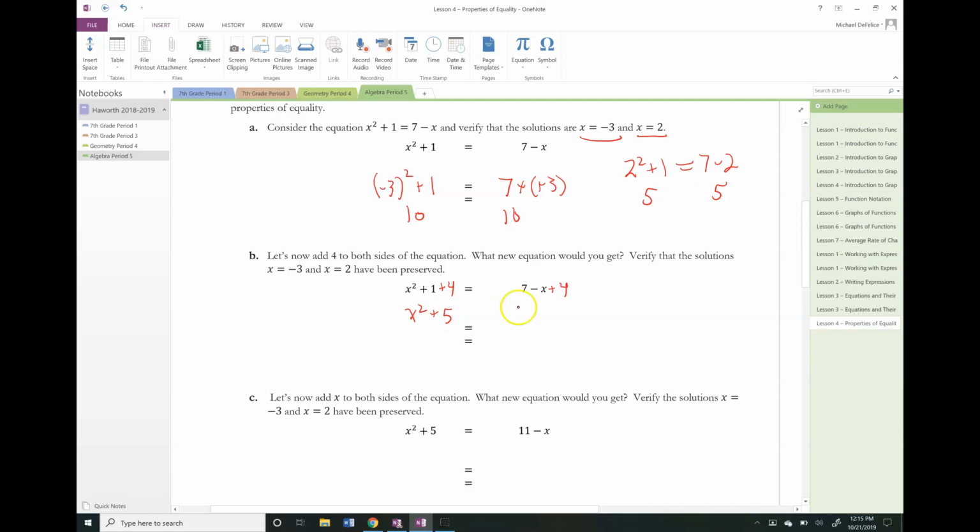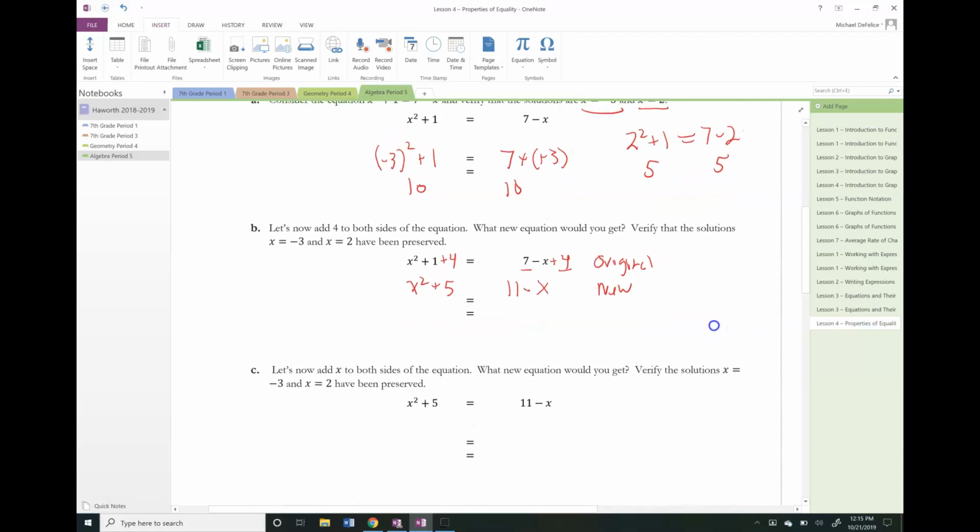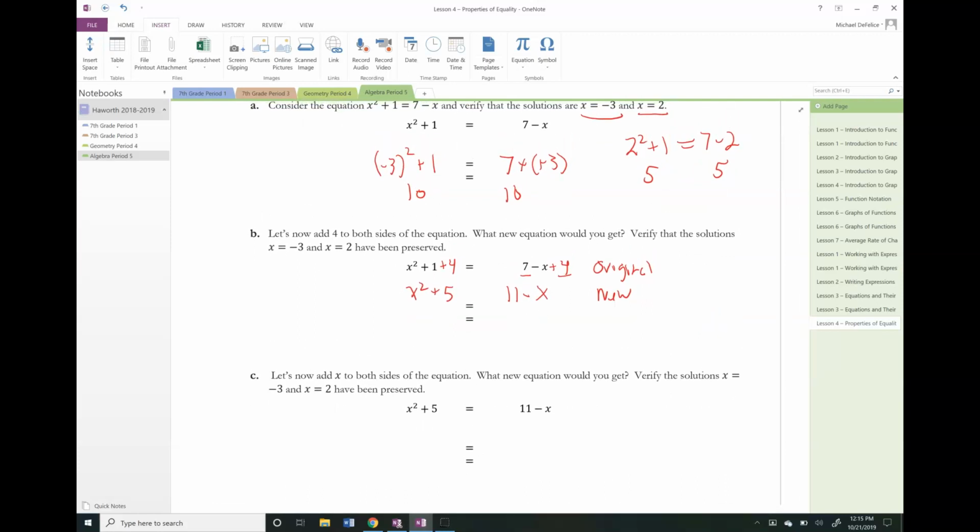And on the other side, 7 plus 4 is 11, 11 minus x. So here was my original, and here's my new equation. What's interesting is that my new equation has the same exact solutions as the original. And you can check it, just like we did above.